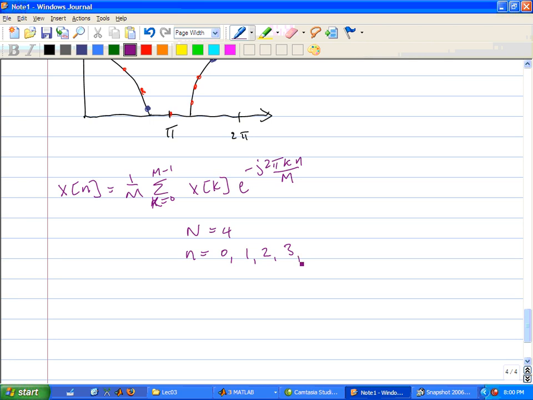What if I wanted to evaluate it at n equals 4, 5, 6, 7, 8? Can I do that? Why not? Yeah, it'll evaluate. Let's just try it, see what happens.